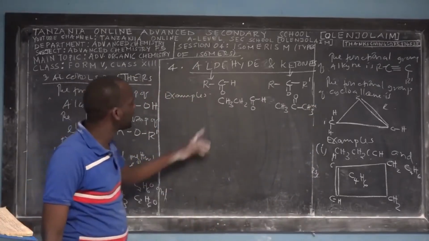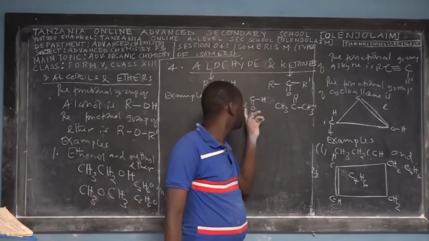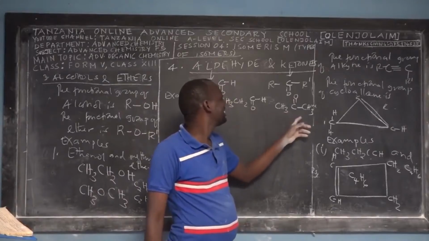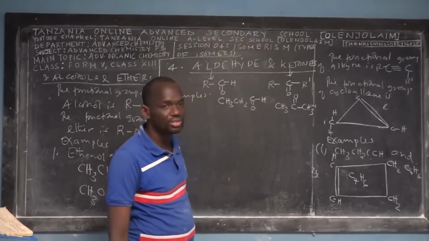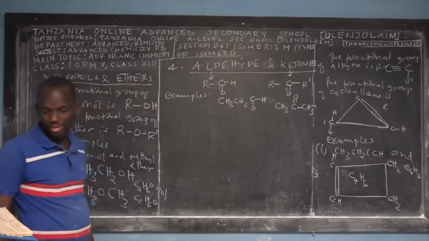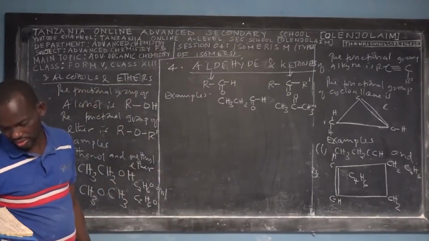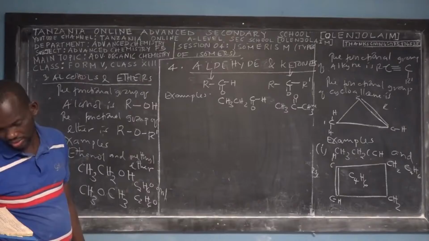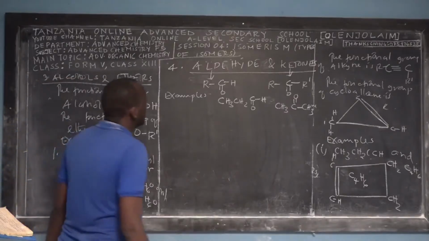How many carbons? 3 carbons, 6 hydrogens, 1 oxygen. Same for both. So that is aldehyde and ketone.